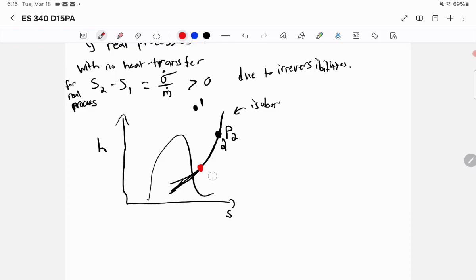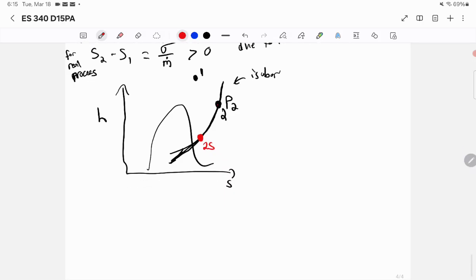Your book likes to call it 2S, so I'll use the book's notation here. So in this case, if I went from state 1 to state 2, this is at pressure 1, it goes something like that.